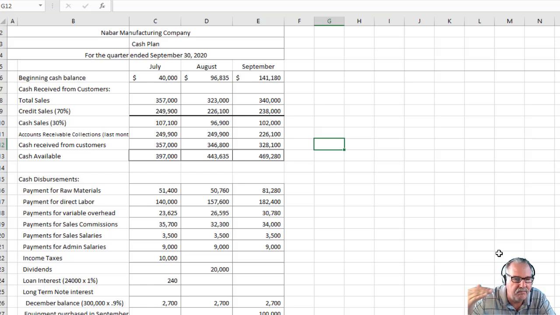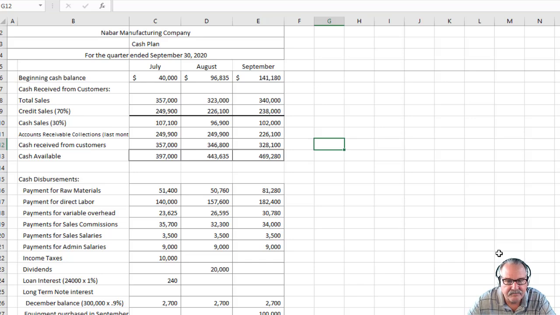We go through the same process again, 70% credit sales, 30% cash sales. You can see that the credit sales from July, $249,900, became what we collected in August because there's a 30-day lag time. So the amount we received from our customers is $346,800. The cash available, $443,635.